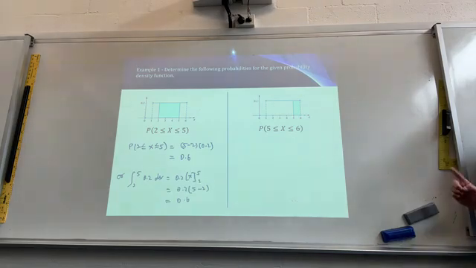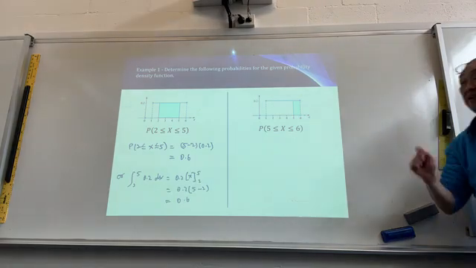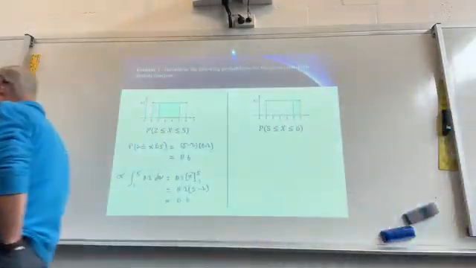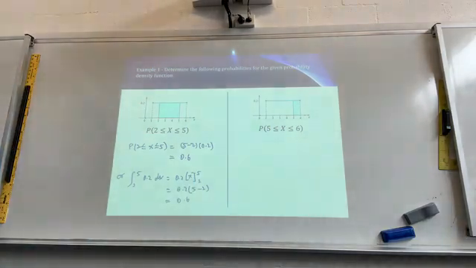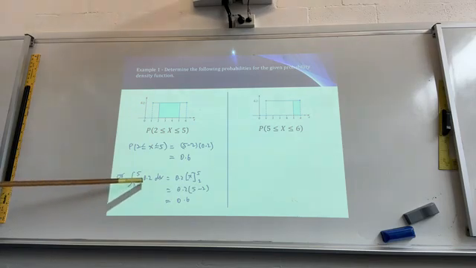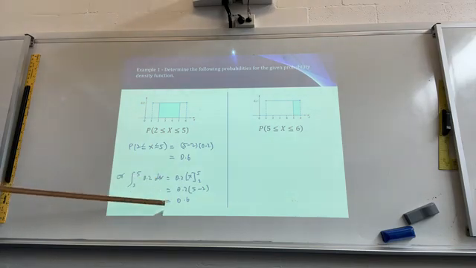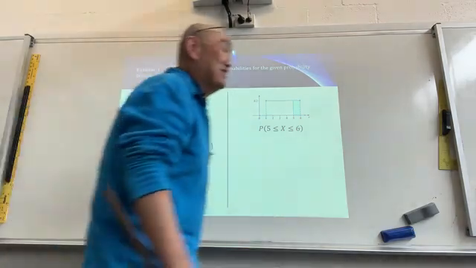Because you have learned integration, we will do a bit more integration tomorrow. You could integrate between 2 and 5, 0.2 dx, and you'll get the same answer. But I would advise you, if it is uniform, just use the area. It makes life a little bit easier for yourself.